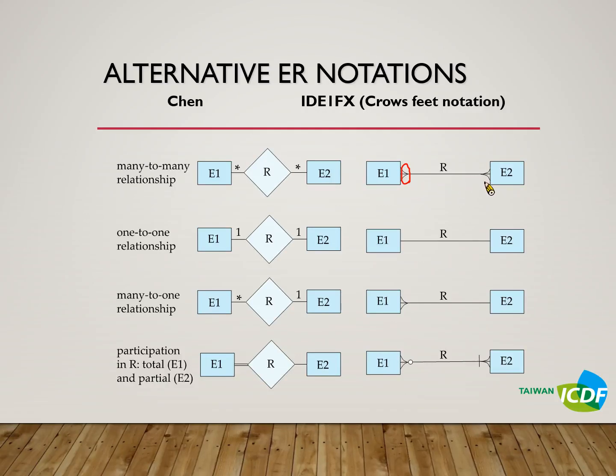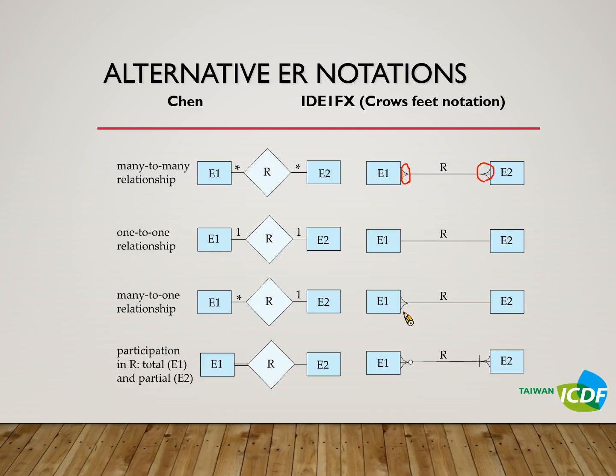So if we indicate both ends of a line with this symbol, it reveals the relationship is a many-to-many mapping. If we want to represent one-to-one relationships, we just use single lines without any symbols at both ends.